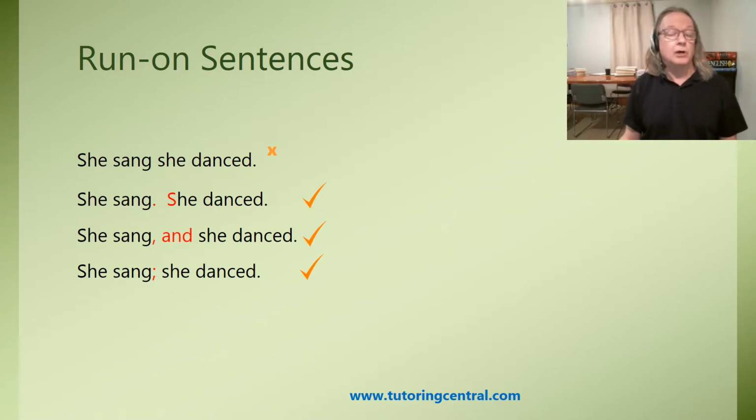Now notice we need a comma when we join two independent clauses or two complete sentences with a coordinating conjunction. And there are 7 of the coordinating conjunctions: and, but, or, nor, for, so, and yet. Some people remember that using the acronym FANBOYS, which I've talked about before.